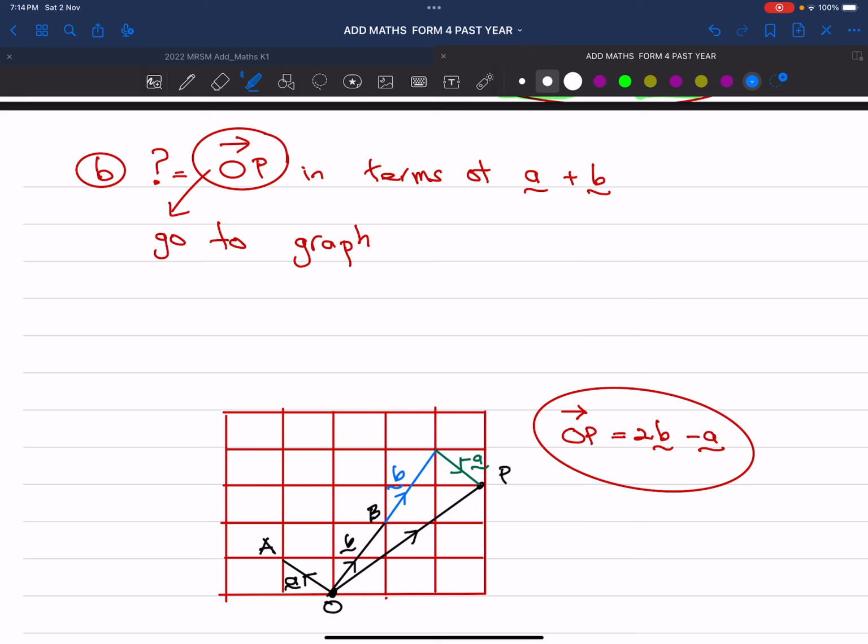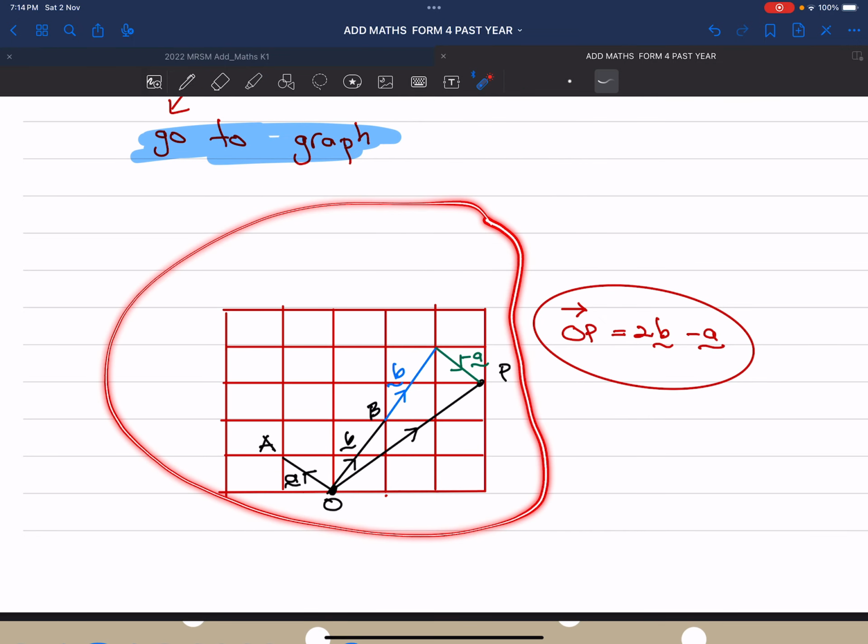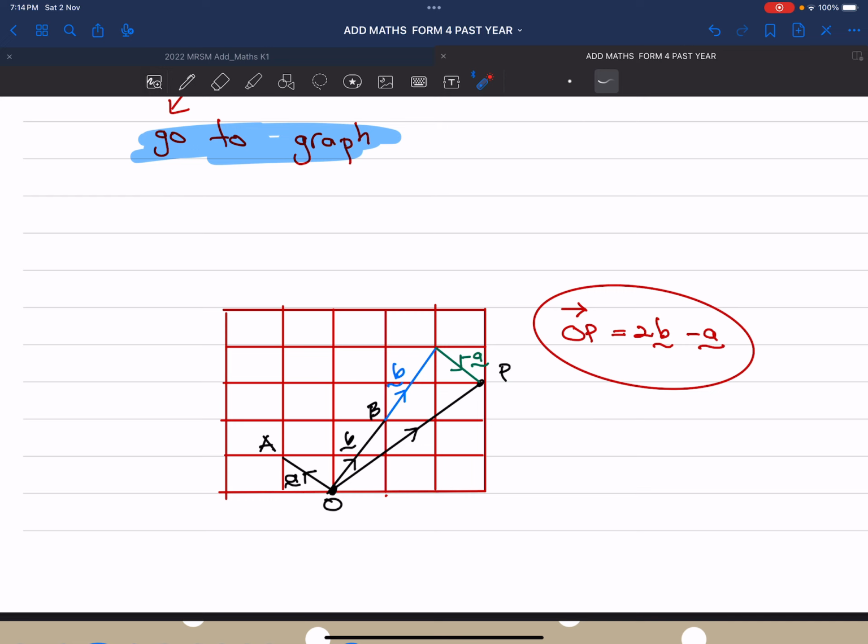To find the vector OP in terms of vector a and vector b, I will go to the graph. I have drawn back the graph here for simplicity. Vector OB is until here. So I have to do a double one.